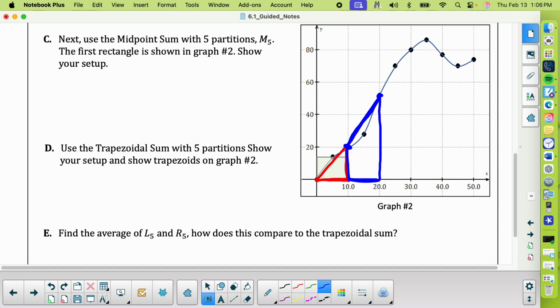So instead of making a rectangle, you use the height on the left and the right, both heights. The third shape, I'll stop saying rectangle. The third shape, this is the height on the left, this is the height on the right. And so they make trapezoids.